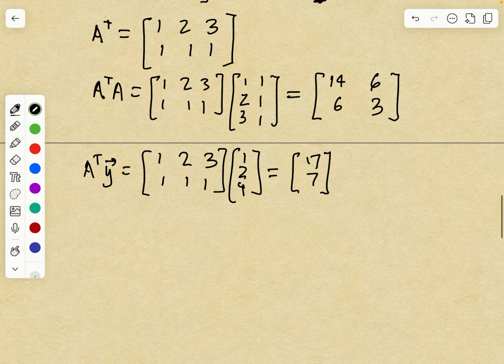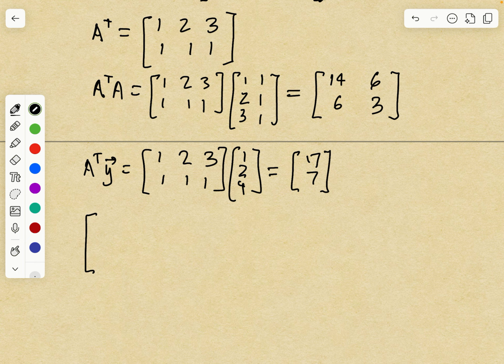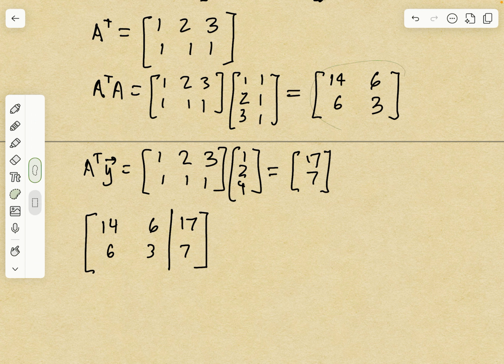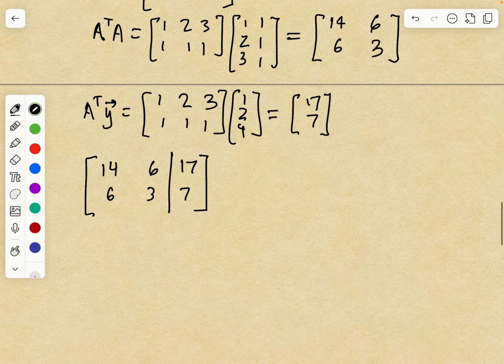And we know how to do that. We just set up the augmented matrix. Now we could multiply both sides by the inverse of this matrix, but I think it's easier to just solve this using elimination. You're going to get some annoying fractions though.